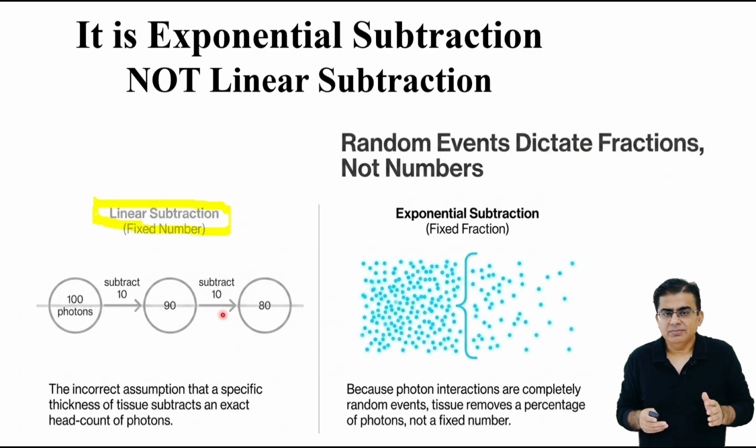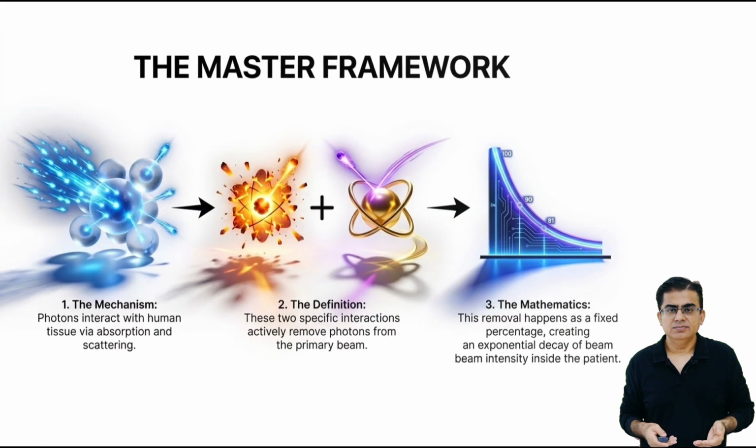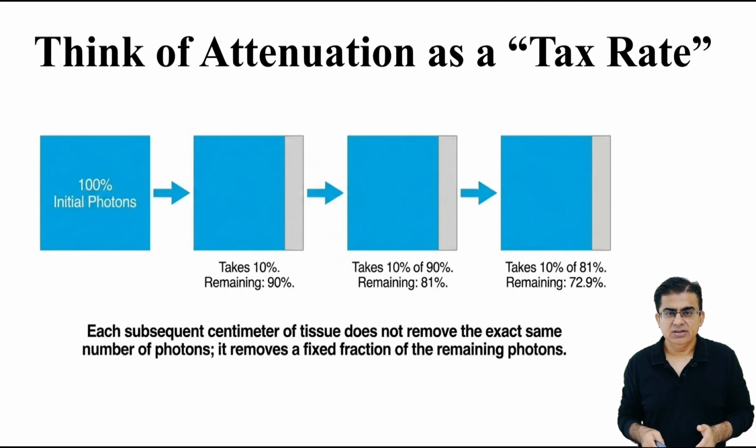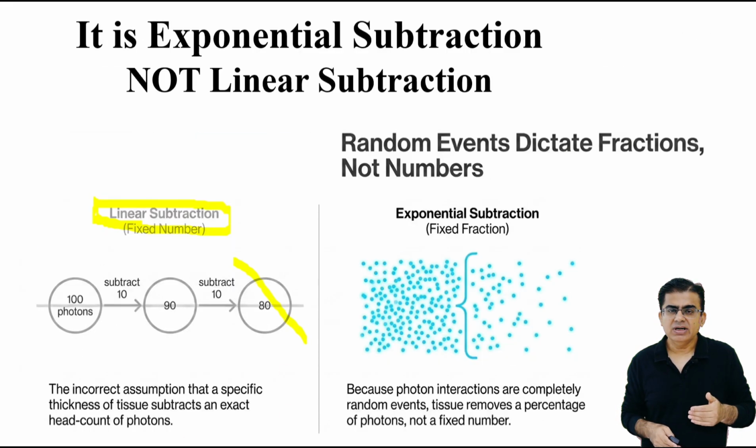So according to them, 90 minus 10 leaves you with 80 photons. But this simple mathematical assumption is completely wrong in medical physics. The human body does not work like a simple subtraction machine. To understand the reality, let us look at the right side of your screen.